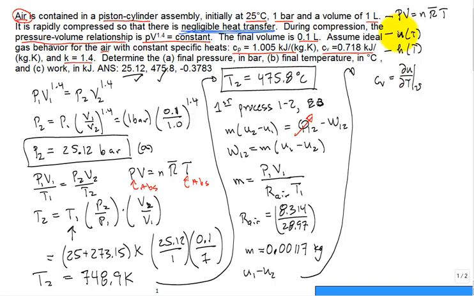And if U is only a function of temperature for an ideal gas, it is, so this equation now changes for an ideal gas from a partial derivative to an ordinary derivative, so that we have that the change in U is equal to C sub V dT.